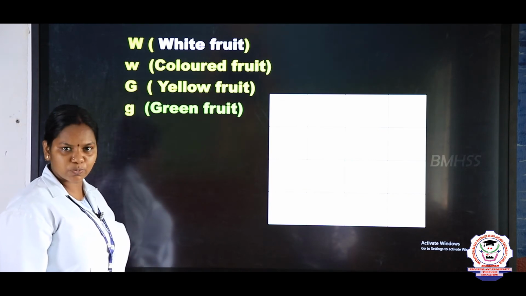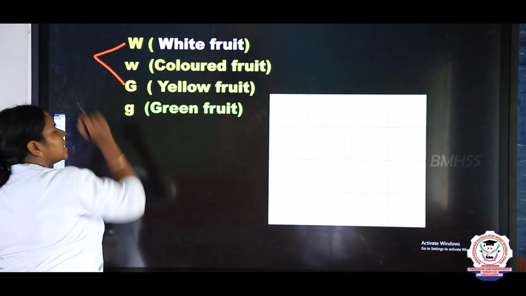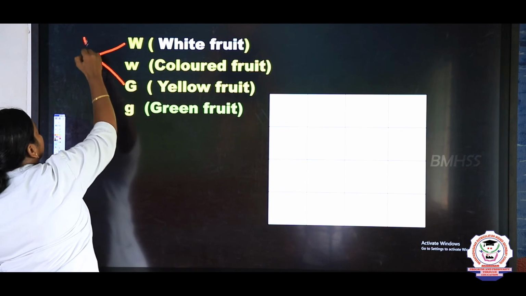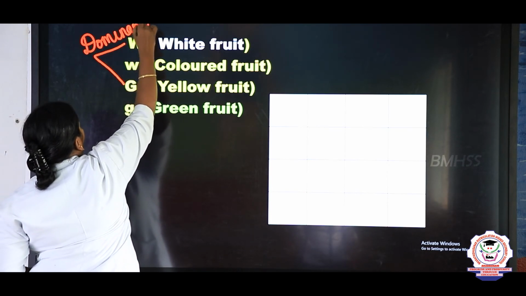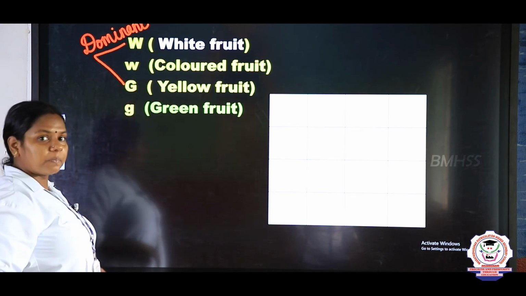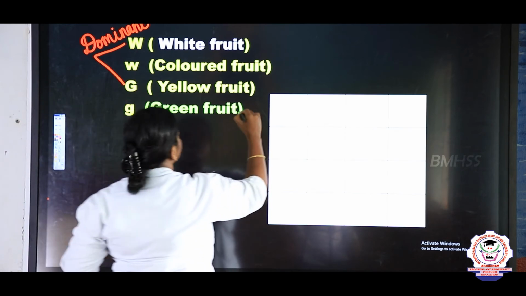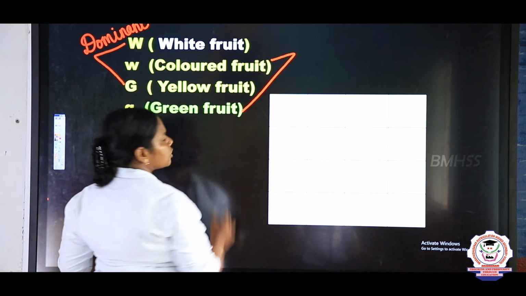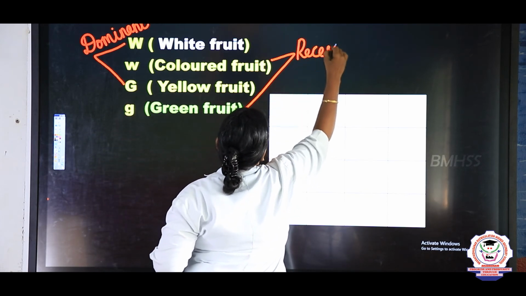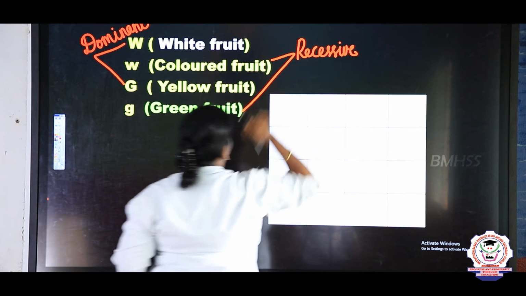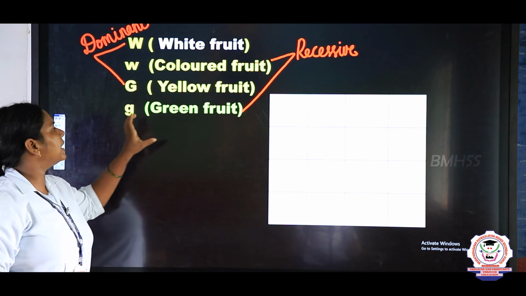Capital W and capital G are dominant, but they are located in different places, with different loci. Likewise, small g and small w are recessive. Now we are going to see the cross between the white fruit and the yellow fruit.